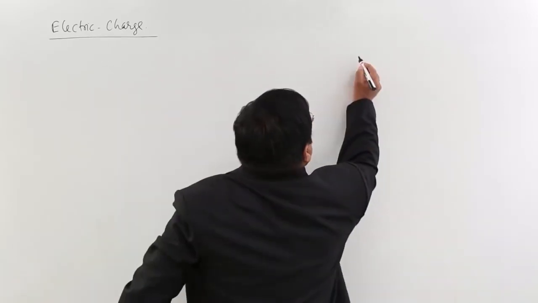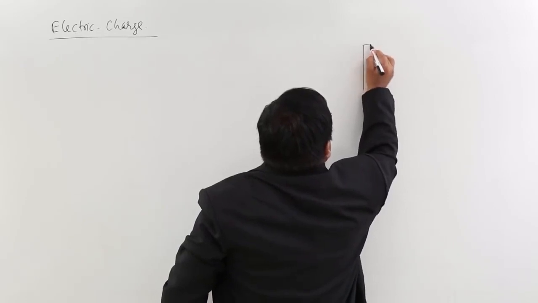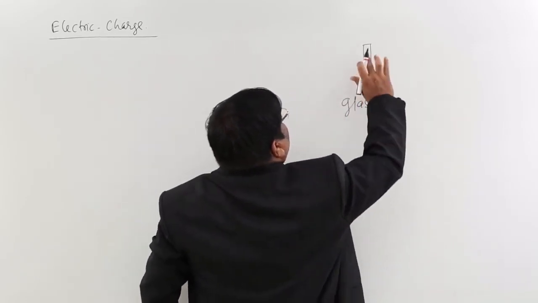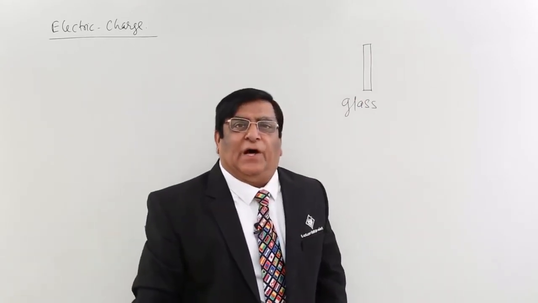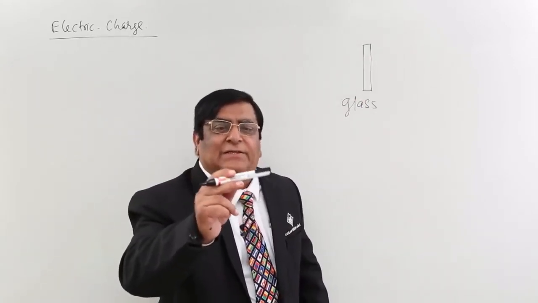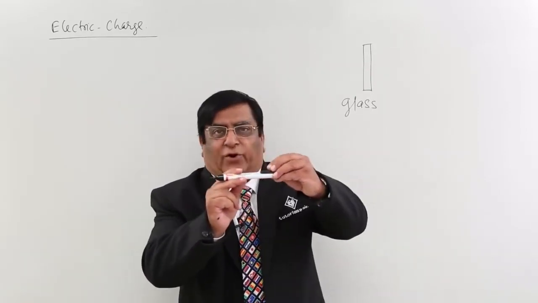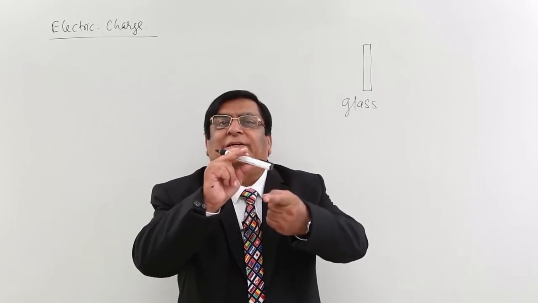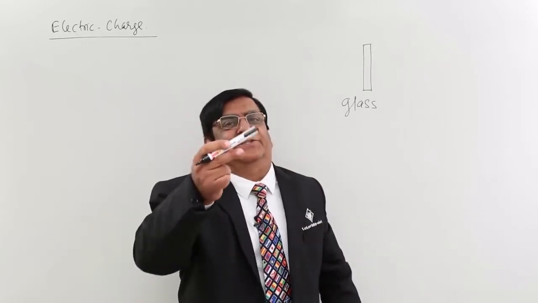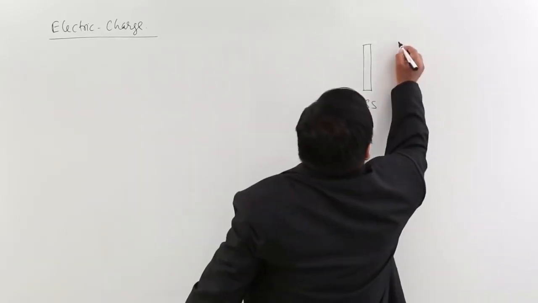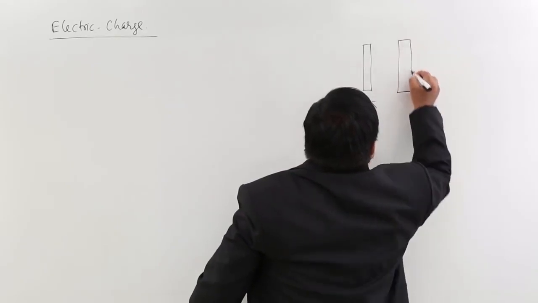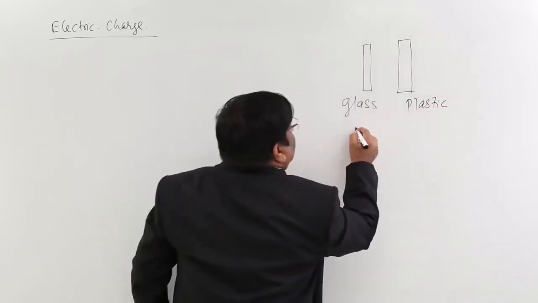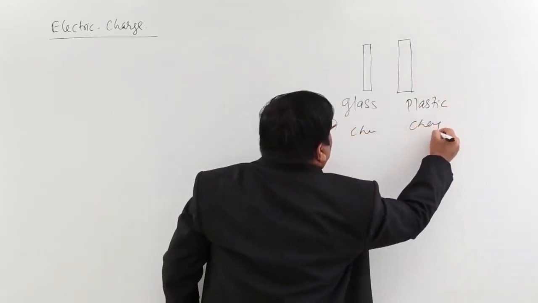Okay, so we had glass, and this is charged, it can attract the papers. Now we have another plastic piece, plastic rod, and we rub it, it is also pulling the papers. We say it is charged, plastic. This is charged, this is also charged.